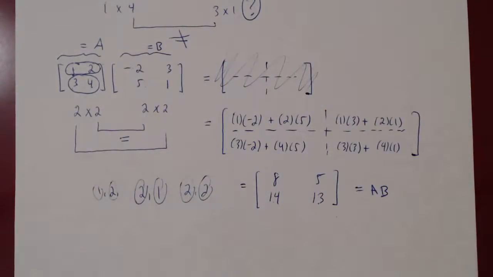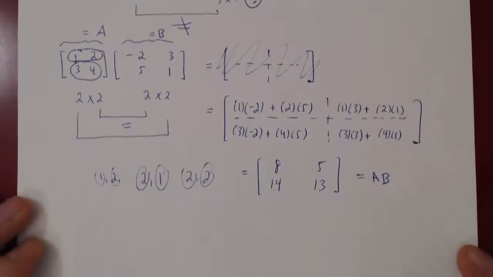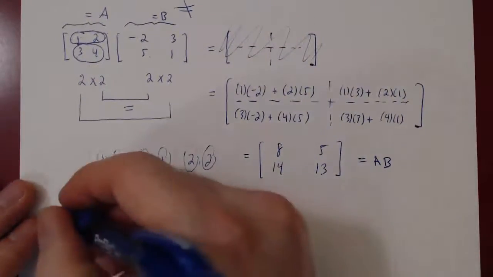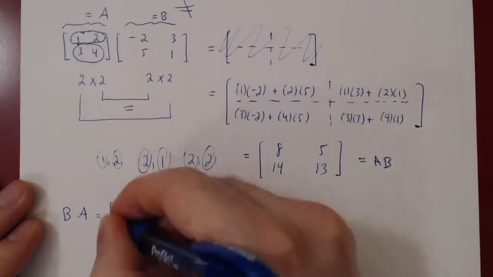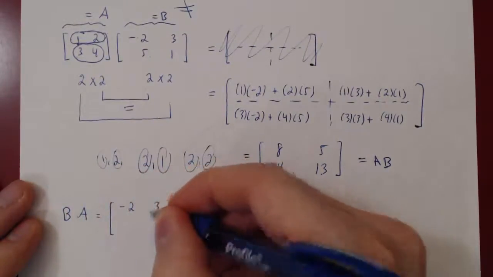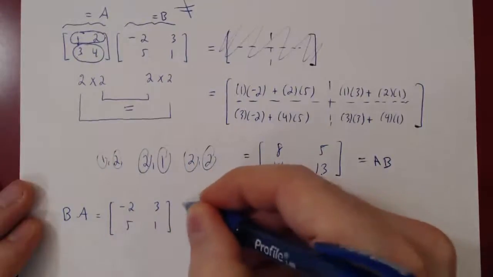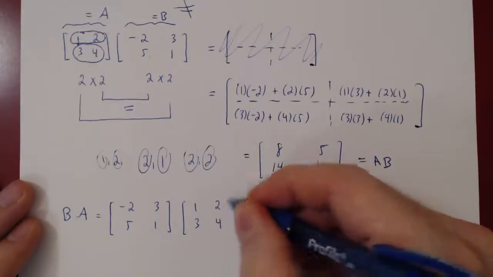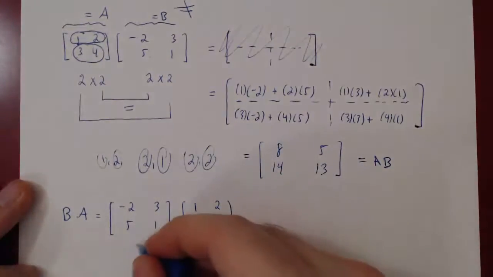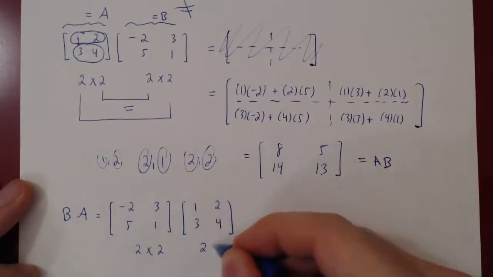If there were additional rows, we would just keep going like this. But just for fun now, let's compute B times A and see if we notice something interesting. So negative 2, 3, 5, 1 times the matrix 1, 2, 3, 4. So once again, there are two 2 by 2 matrices.